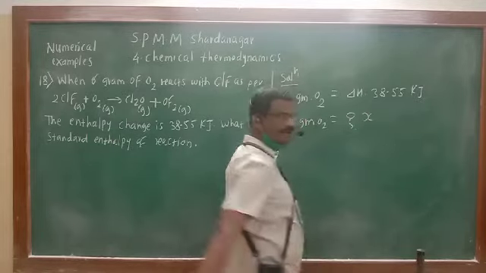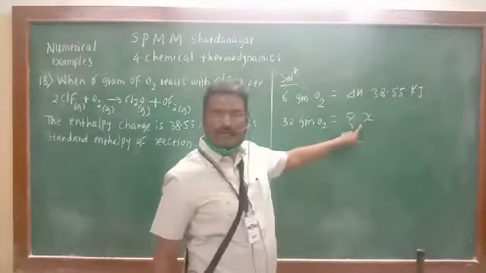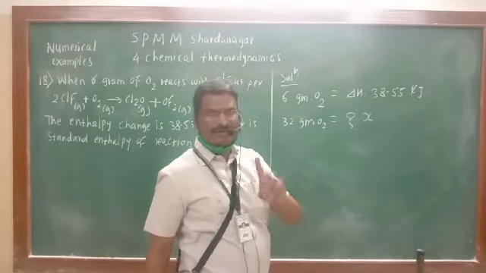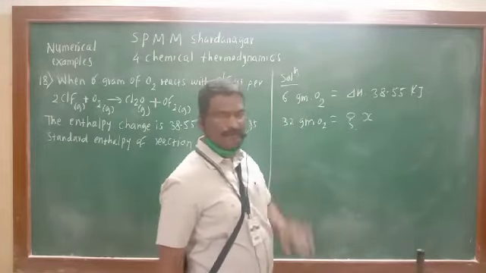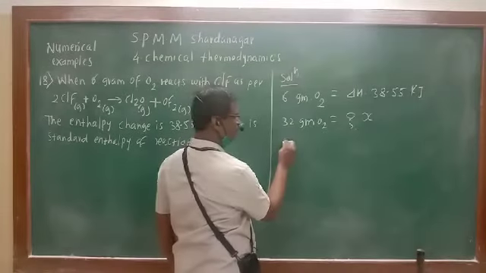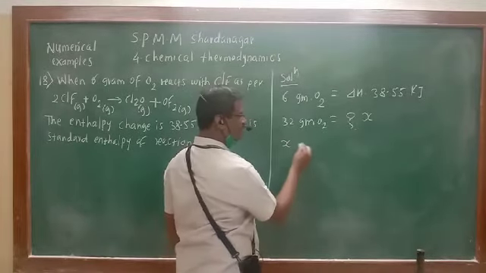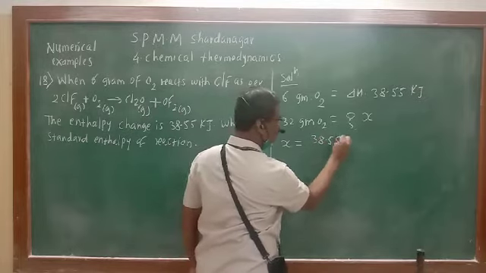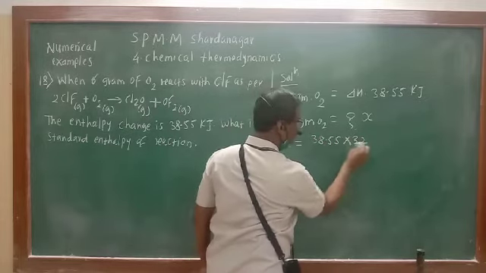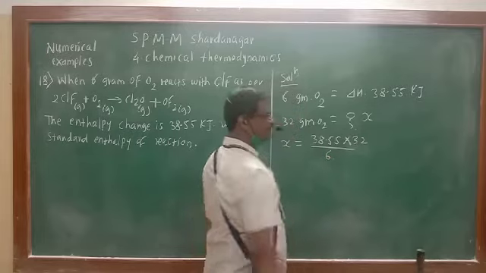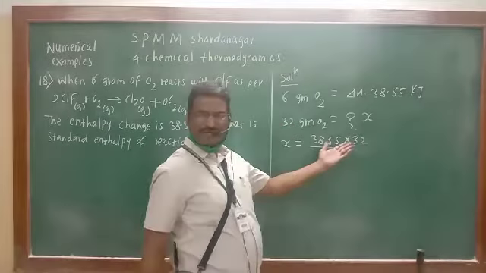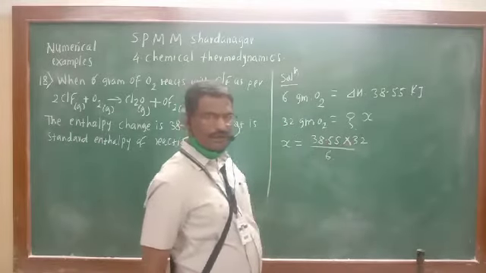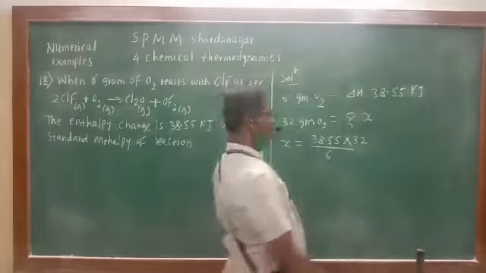X value of delta H. This X we have to calculate in a single step, and that is the answer. So X, doing cross multiplication, will be equal to 38.55 multiplied by 32 divided by 6. We can do this simple calculation even without using log tables.